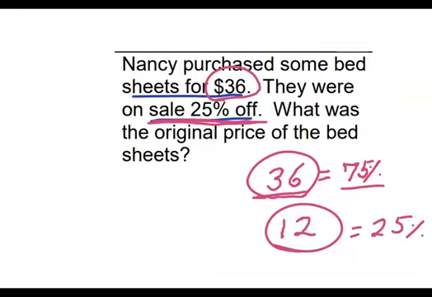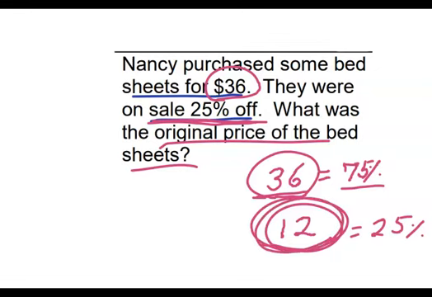So to get to what the total price was of the bed, we can now just take 12, multiply it by 4, because 4 25s would give us 100%. So 12 times 4 is, well, 4 times 12 is 48.